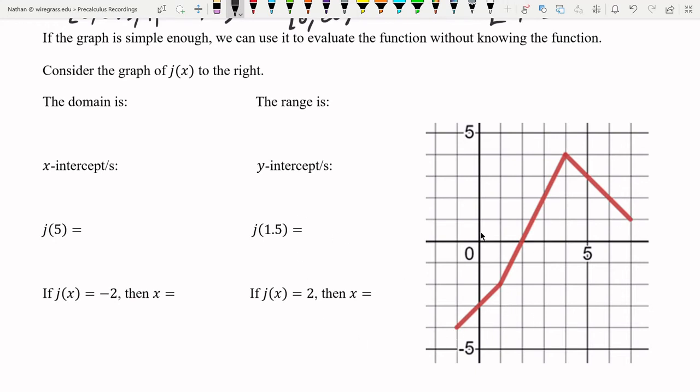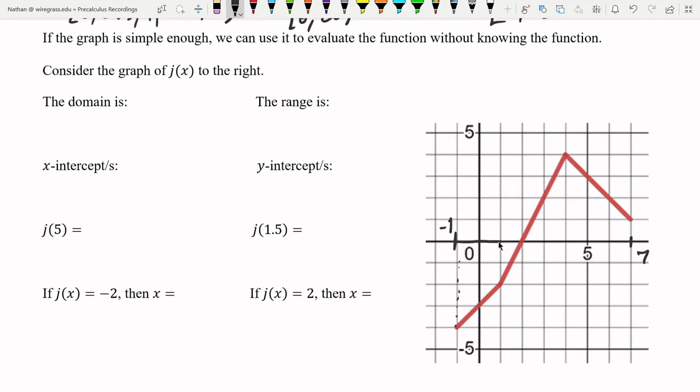And you can see the domain is all the x values. Well, this is the furthest left x value we have, and that corresponds here to -1. And all of these x values go all the way up to here. This is the rightmost x value, and that happens at 7.